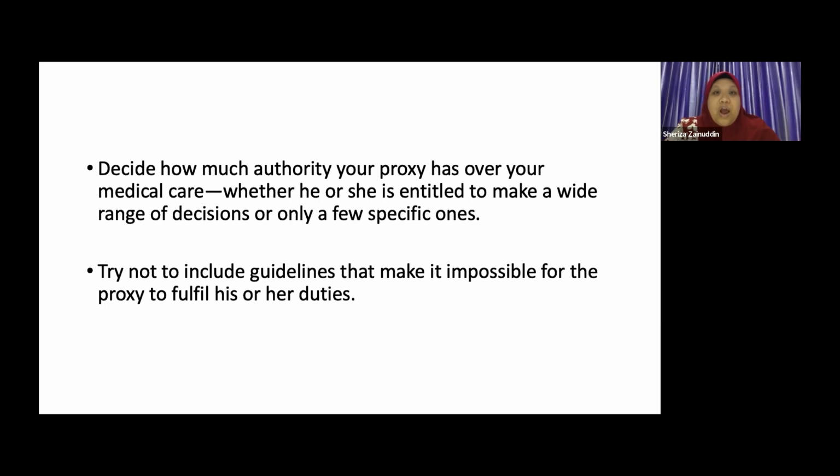So we must know how much flexibility the proxy would be given. Again, when we discuss ACP, we should also remind the patient not to add on wishes that are impossible to be fulfilled. These are things we have to make sure patients and proxies are aware of.